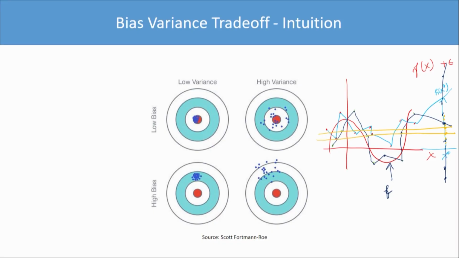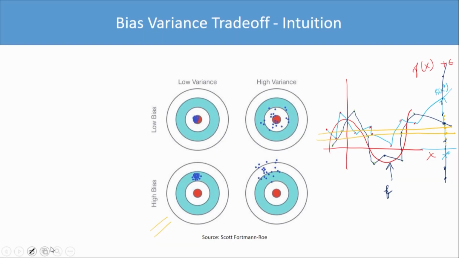So the yellow line model would be which among these four? Where would the linear function fall in? Is it the left top, left bottom, or right bottom? The yellow one is low variance and high bias.